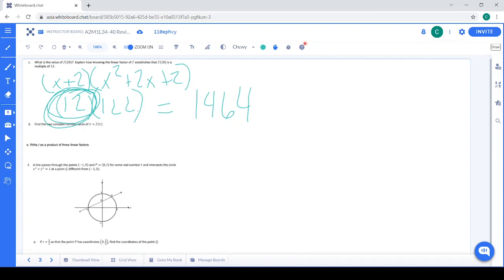All right. D, find the two complex numbers for y equals alpha of x. Okay, so our complex solutions we know are going to be found in this quadratic here. So let's see if we can solve it. x squared plus 2x.